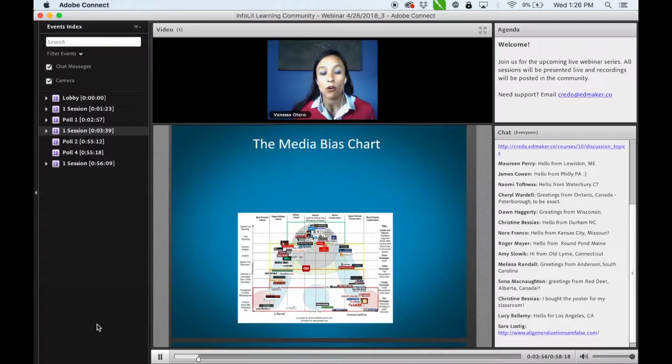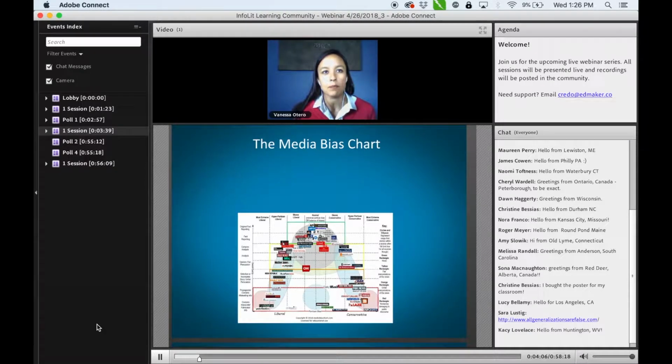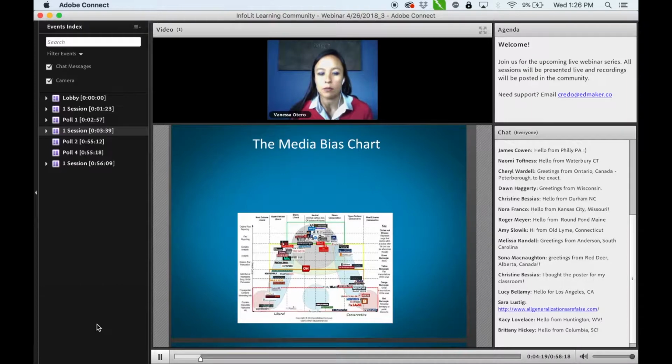So I'm going to go over specific aspects of it throughout this webinar today, but just in general, it's a chart that plots media sources, about 80 of some of the more popular ones that people rely on for their news, on a two-dimensional spectrum of quality and political bias.